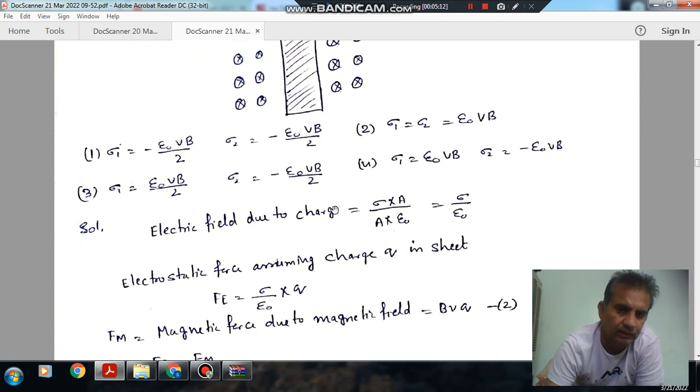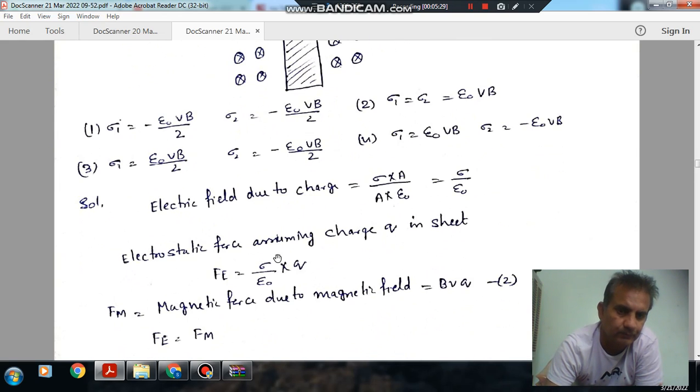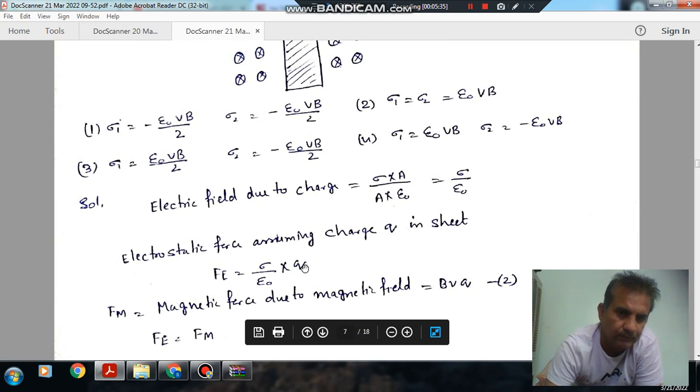So the electric field due to charge: the total charge is sigma into A, and the electric field is given by Q by A epsilon, so the electric field due to charge is sigma by epsilon naught, where sigma is the charge density. If we multiply the field by charge, we get the force.